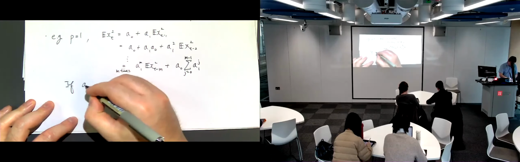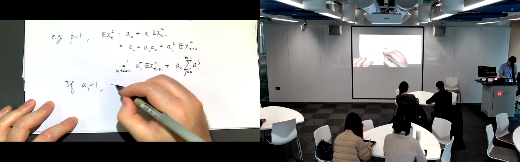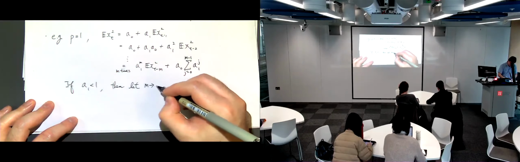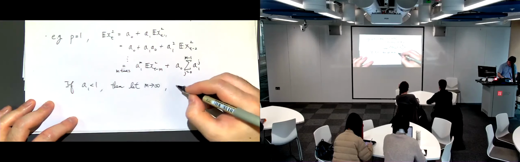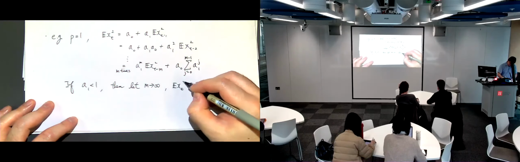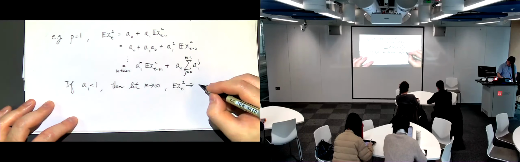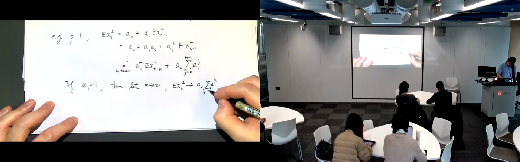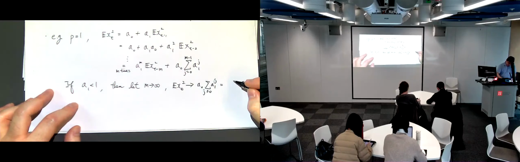Now if a1 is less than 1, then if we let m go to infinity, your expectation of xt squared will go to what? It will go to a0 times the sum of a1 to the power of j, which is a0 divided by 1 minus a1.